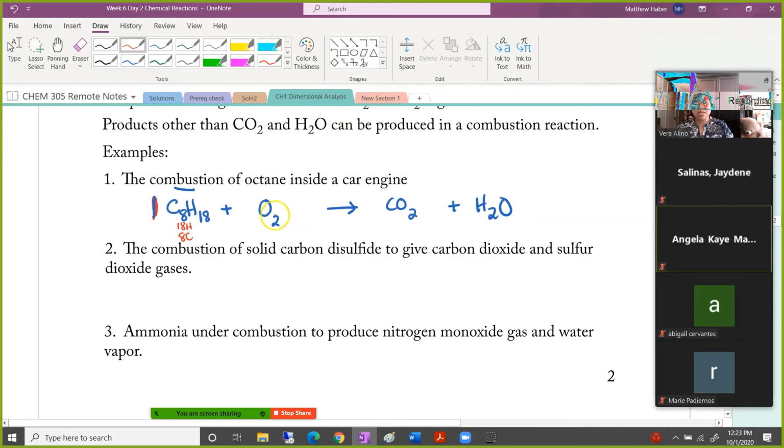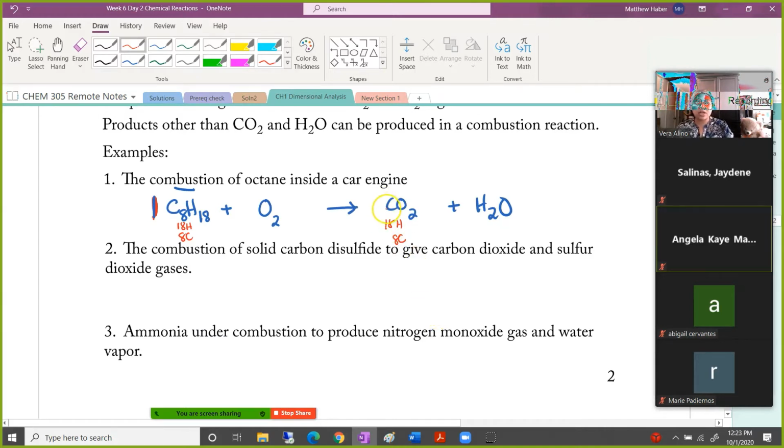Now notice that the oxygen here does not contain carbon or hydrogen. So oxygen is the molecule, or the gas, only comprised of oxygen element. So I'm going to try to then balance it to the other side of the equation. The number of carbons and hydrogen on the right side must match with that of the left. There needs to be 8 carbon here, as well as 18 hydrogen atoms on the right side.